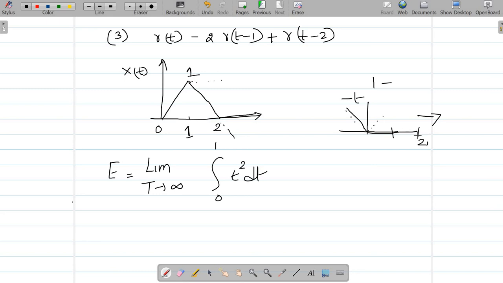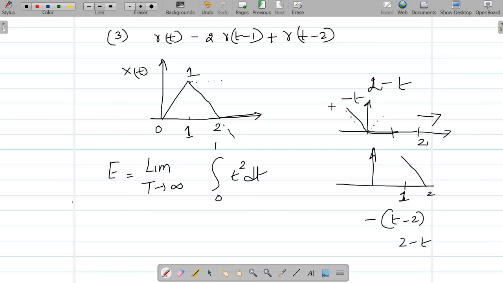If I shift it by 2 units in the positive direction, I end up getting this line. When I move it in the forward direction, I have to substitute t minus 2, so it becomes 2 minus t. So for this part the signal is 2 minus t.